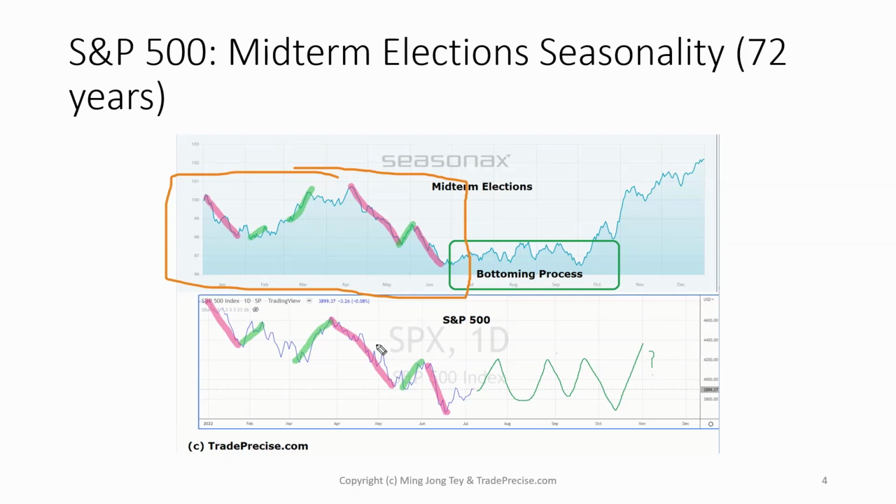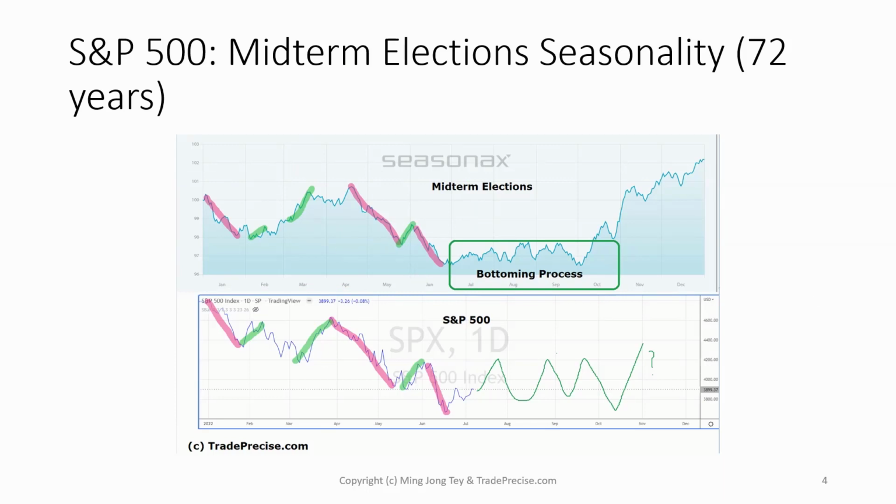Although the timing is a bit off, especially in April, because in April it kind of just reversed straight away, whereas in the seasonality chart you get a consolidation. In April we also get a consolidation, but a sort of lower low test as a down-sloping consolidation. So that's pretty much the difference, and also in terms of the magnitude.